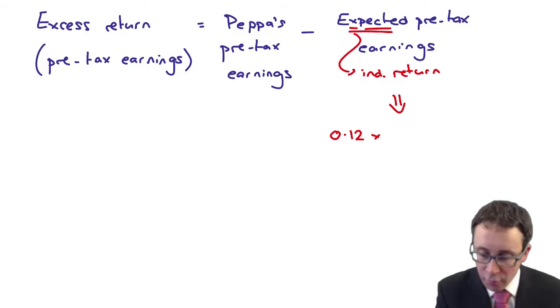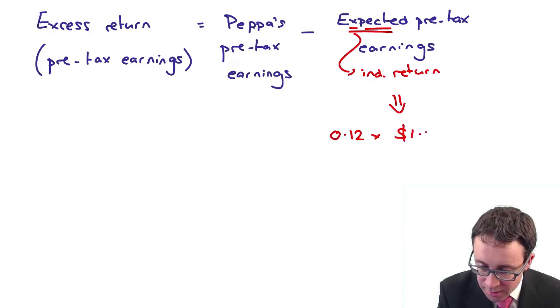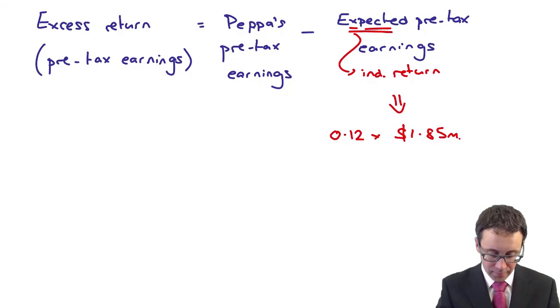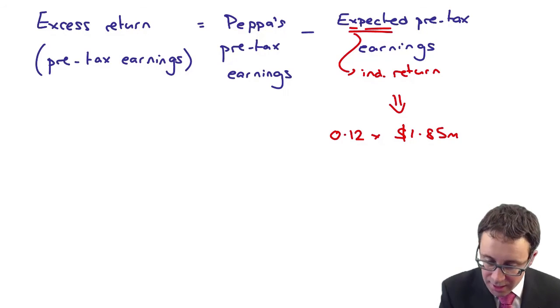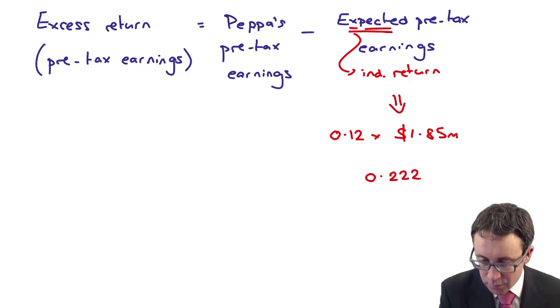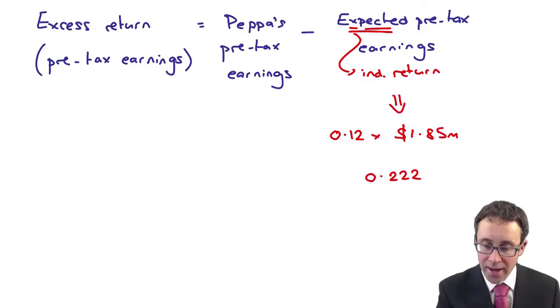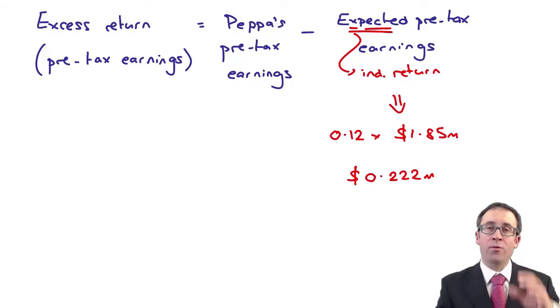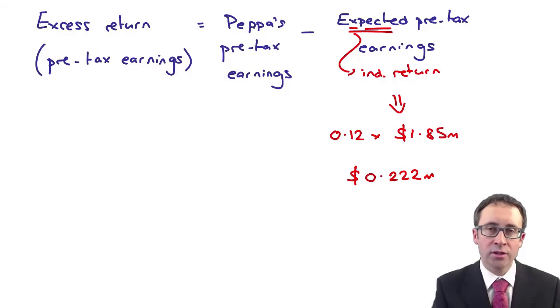If we apply that 12% to our assets that we have at 1.85, does that give me there 0.222? Okay, that would be our expected earnings if we were returning what the industry does.